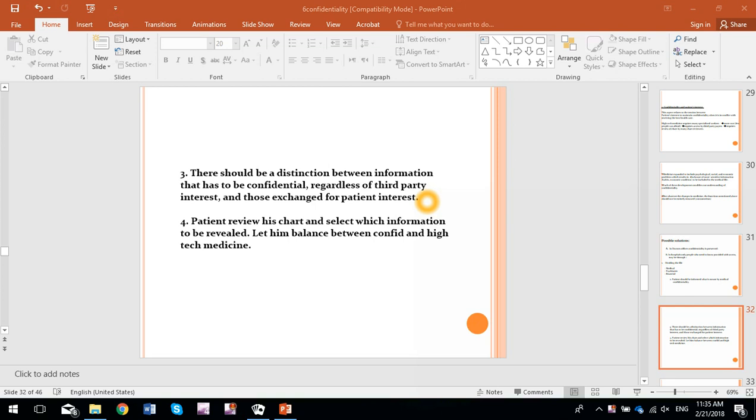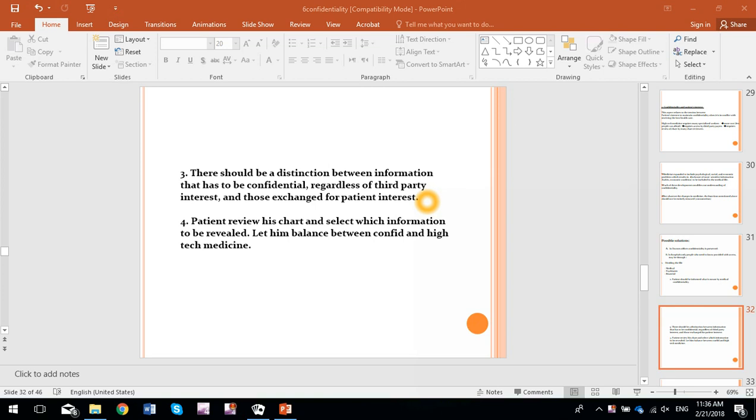Definitely, in medicine there is information that is kept confidential for the physician alone, and nobody is allowed to look into it.